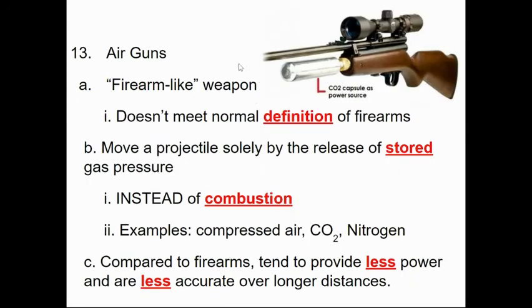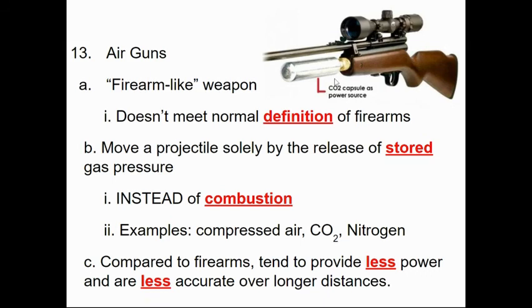Air guns are, now notice this, in quotes, "firearm-like." It doesn't actually meet the definition of a firearm. And that's why you might be surprised that the legality of these is a little bit different. They move a projectile, but instead of combustion, instead of that chemical reaction, they're using stored pressure, such as a CO2 canister.